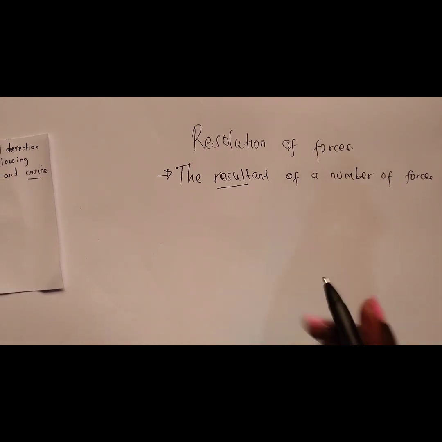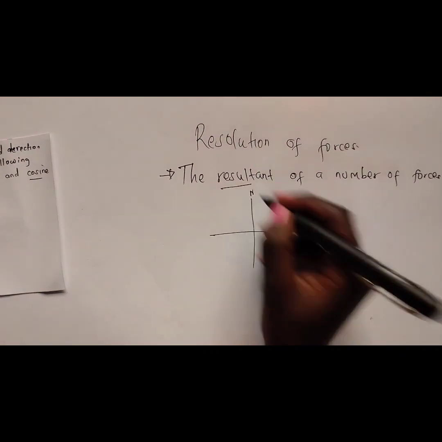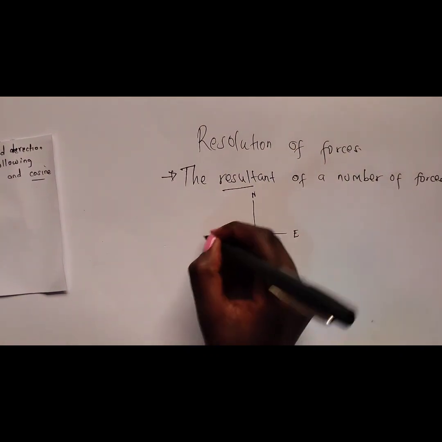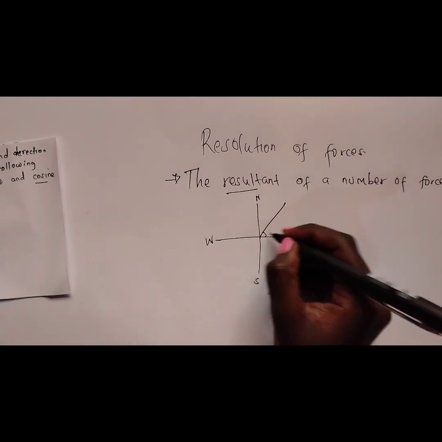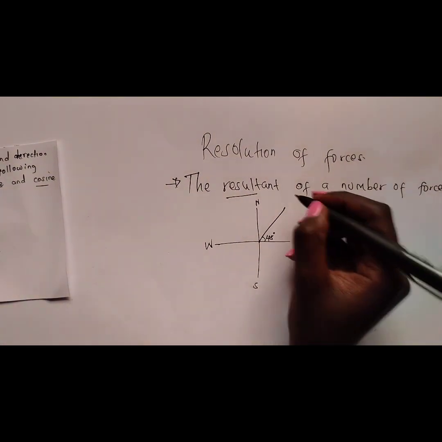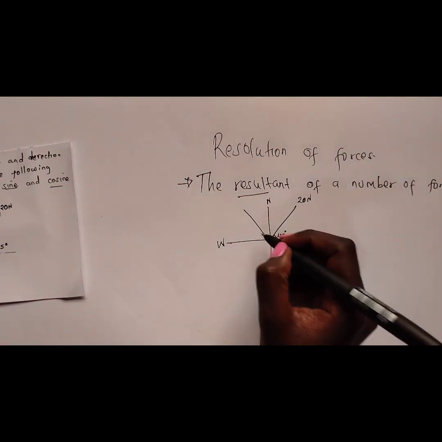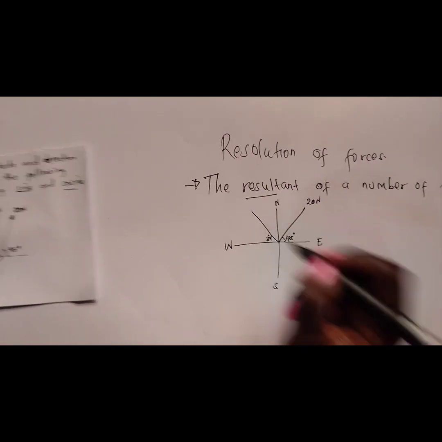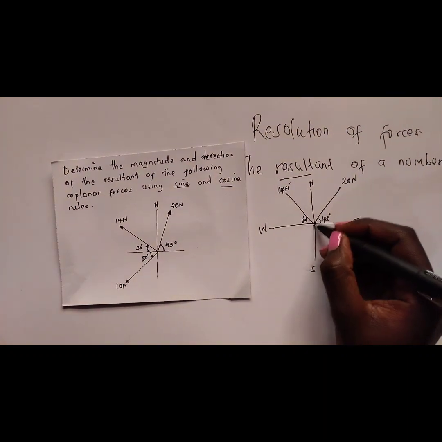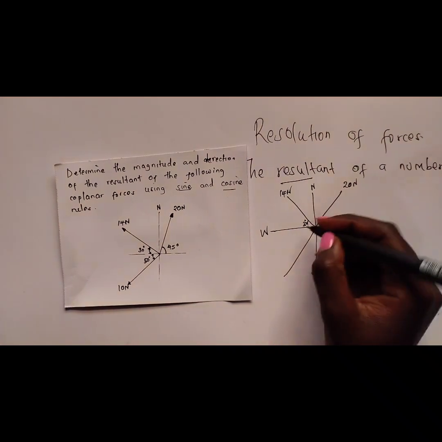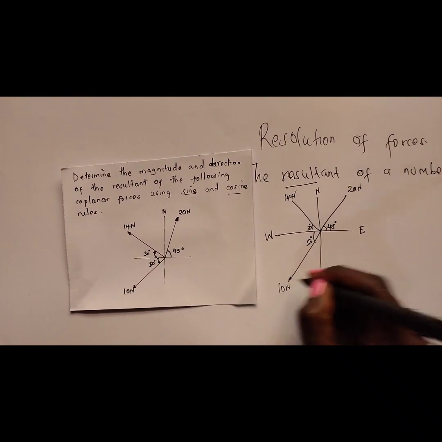Now, in the diagram that we have today, let me put this as north, south, east, and west. We have one vector acting at an angle of 45 degrees and it's of 20 newtons. Another one is inclined at 30 degrees and it's 14 newtons. And the last one is inclined west to south, 50 degrees, with a magnitude of 10 newtons.